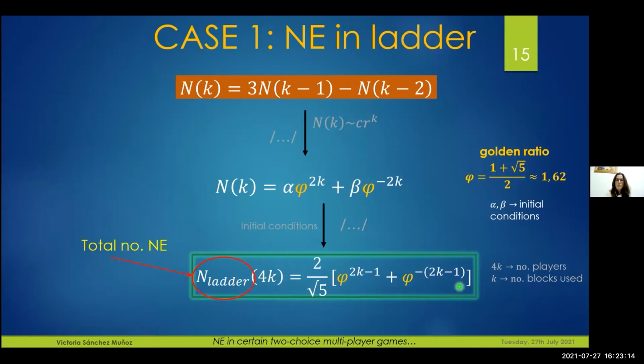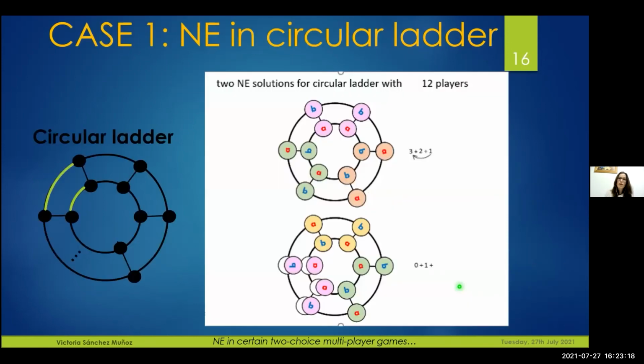Okay, that was for the ladder, but remember that I also mentioned that we could analyze the circular ladder. So for the circular ladder, it's just matching the endings. So we can effectively use the same procedure as before to identify the solutions with a sequence of numbers. So for instance, here we have also 12 players, but you can see that they are matched.